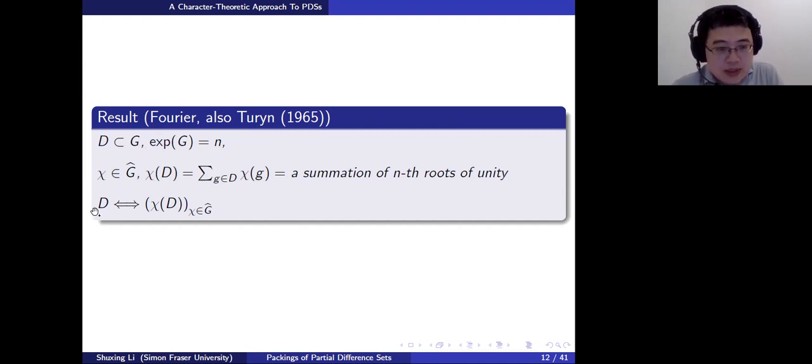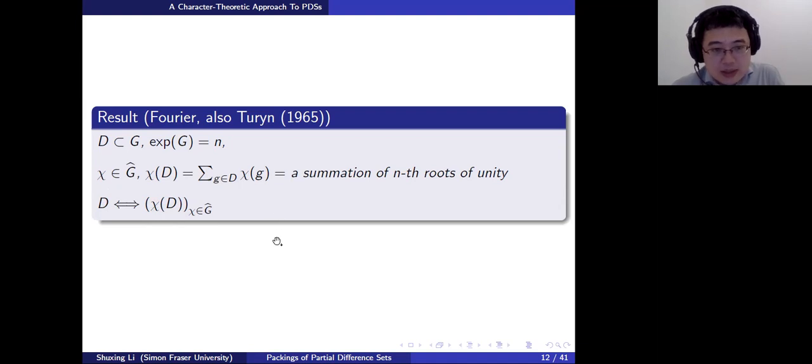And the key point is if we apply all the characters chi to D and get a sequence of character values, this sequence of complex numbers retains full information of the subset D. So knowing one, you know the other for free. This is the crucial point in which we can use character theory to analyze the subset D.